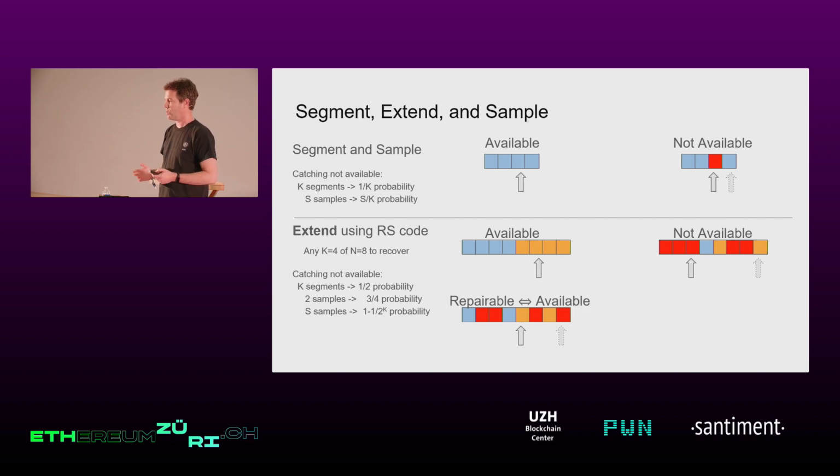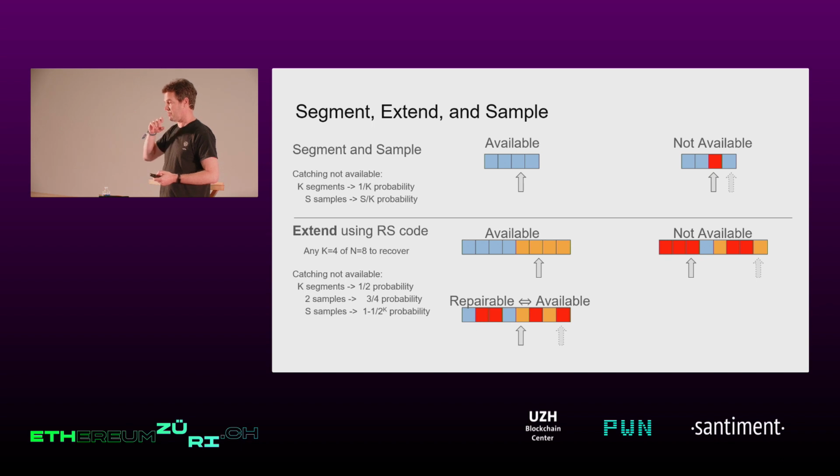So when it's all available, it's fine. But what you see below is also repairable. You have 4 pieces missing, the red ones. 4 pieces are there, 2 which were generated parity data, 2 of the original pieces. So you can reconstruct the data. So you can look at it as the data being still available.